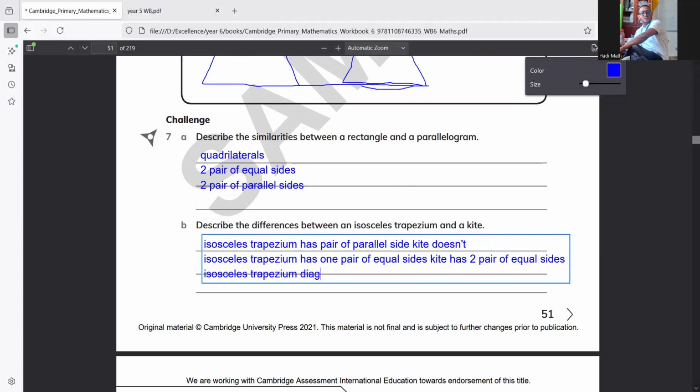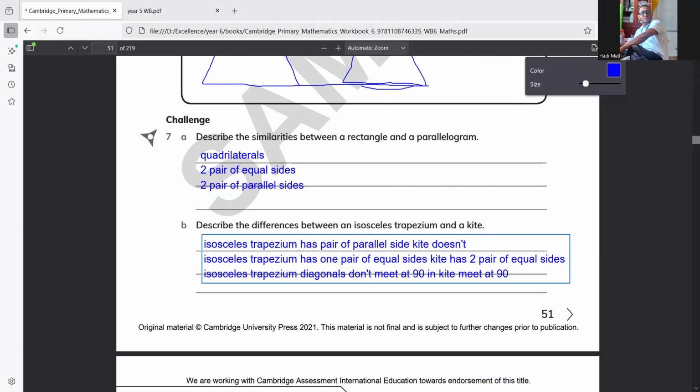Diagonals do not meet at 90 degrees, but in a kite they meet at 90 degrees.